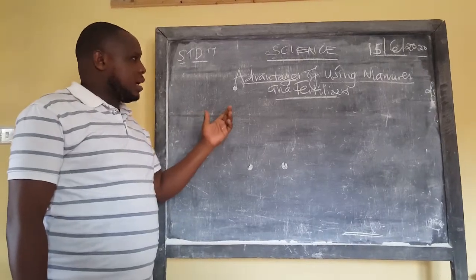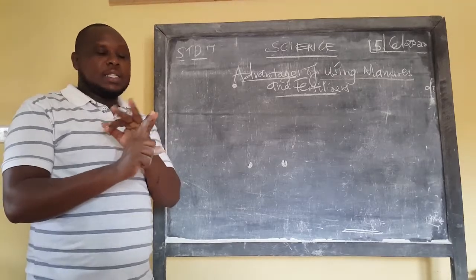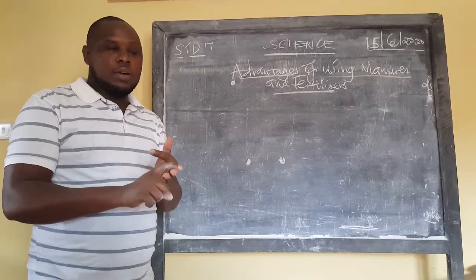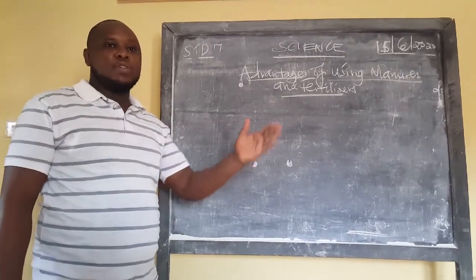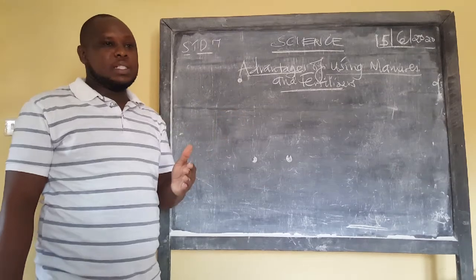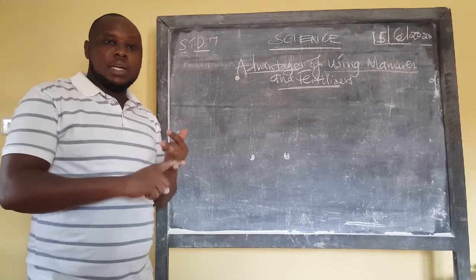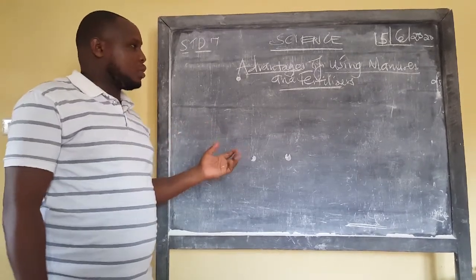We say that there are three types of straight fertilizers: potassic fertilizers, nitrogenous fertilizers, and phosphatic fertilizers. When it came to nitrogenous fertilizers, I gave you the example of CAN, calcium ammonium nitrate, and the rest. Then we talked about potassic fertilizers, and then phosphatic fertilizers.